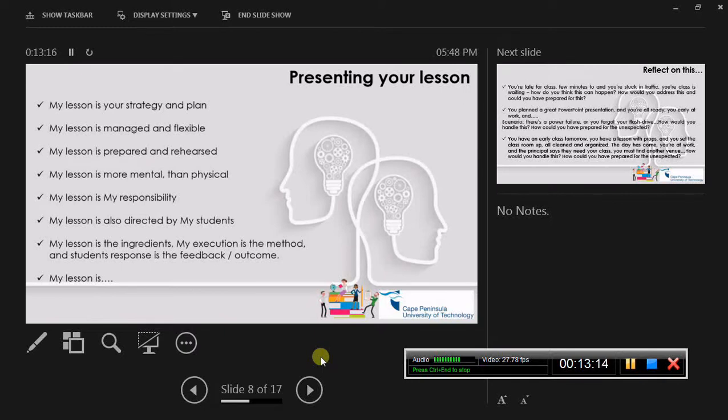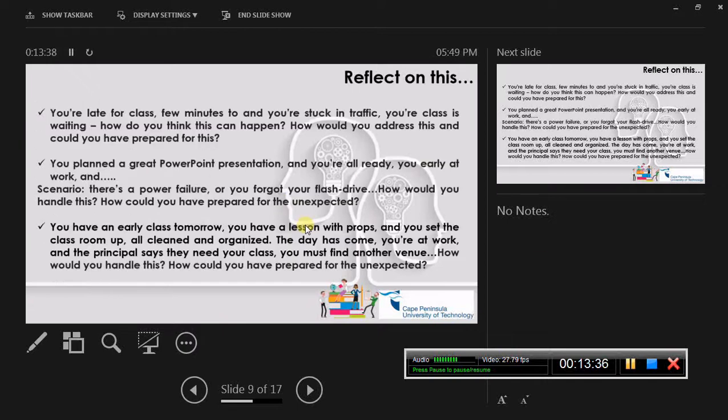So you need to be again flexible and know how to deal with it. Okay? Then your lesson is your ingredients. The way you present it is your method, but your students' response is the feedback in terms of was this good or wasn't it good. And then you can think of any other further representations of what your lesson is.